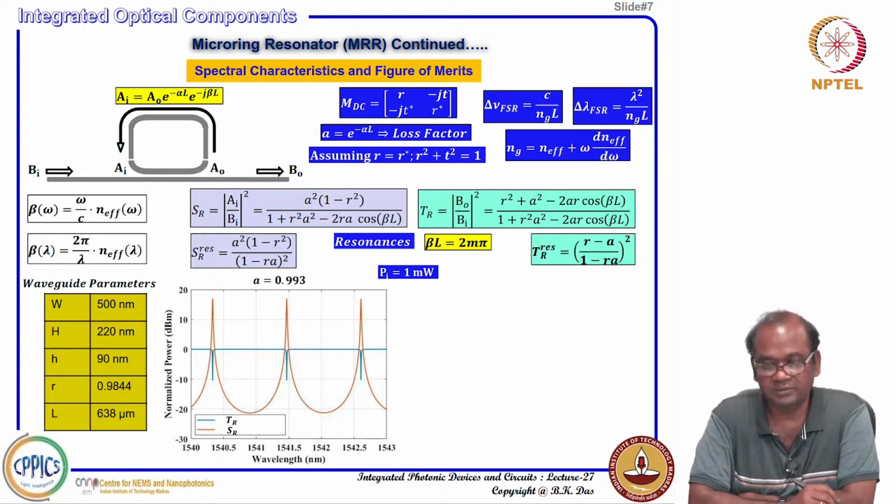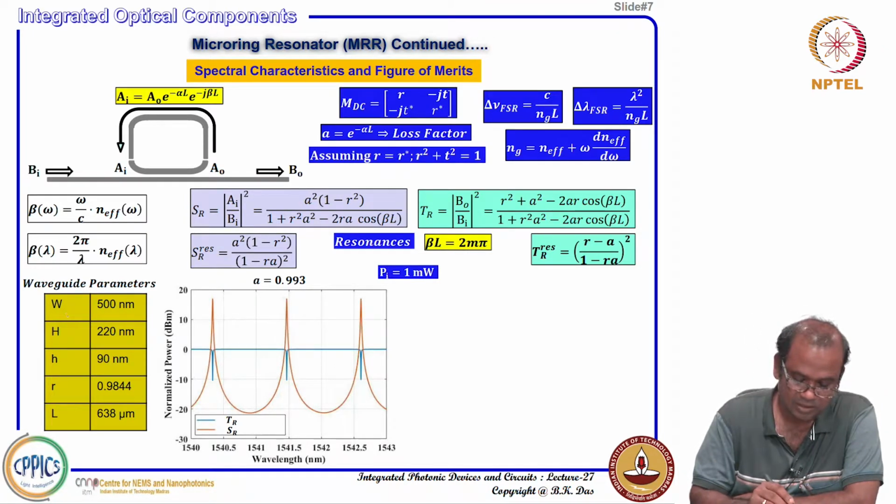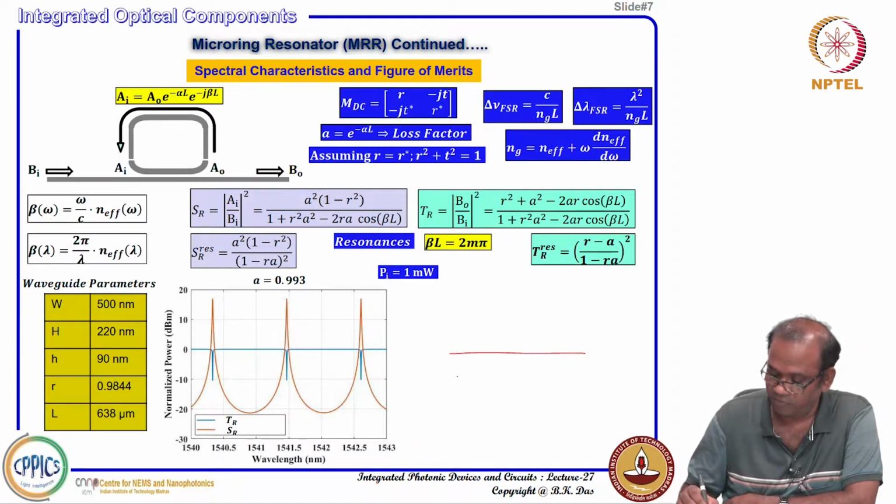So, we consider a waveguide dimension of 500 nanometer in silicon on insulator. You know that this is your silicon substrate, then this is your oxide, the SiO2 box, and on top you have your waveguide structure, with width W equal to 500 nanometer and height H equal to 222 nanometer.